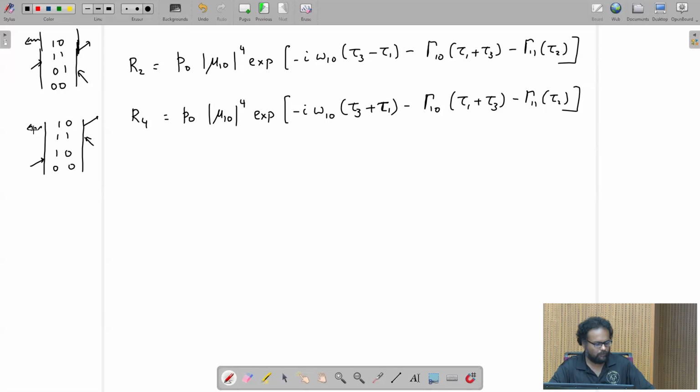But let's look at what the differences are between these two diagrams. Apart from the fact that the phase matching is different, which I understand, you see the final emission is always coming from the 1-0 coherence in both of them, right? At the end, the energy of both these signals will be at 1-0. What are the other differences that you see, either diagrammatically or looking at the expression?